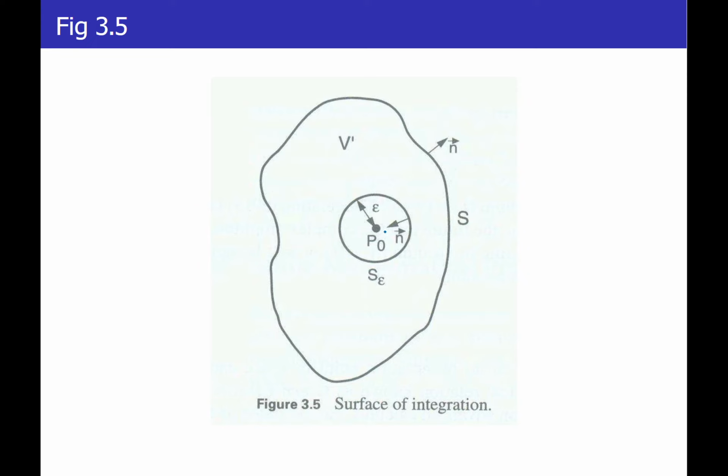But this sphere is actually excluding P0, such that there would be no divergent component in the integrations. So for the case of S epsilon and S, and its enclosed volume V prime, every function is going to be continuous and differentiable.